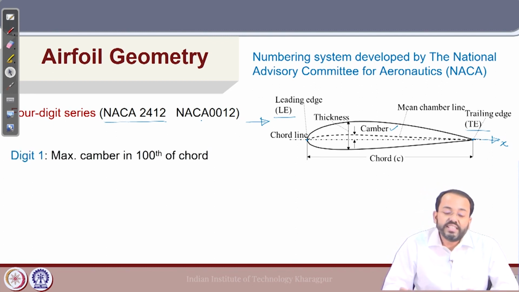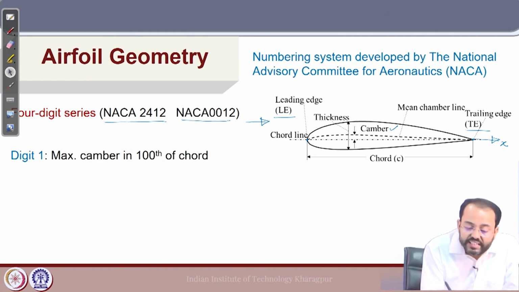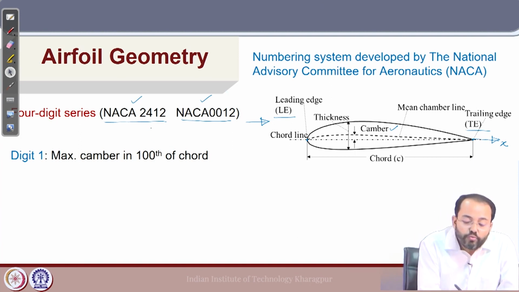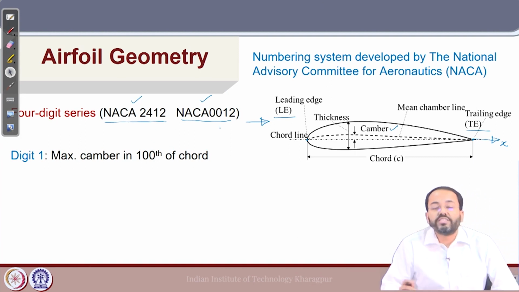The first digit means the maximum camber in 100th of chord. We have taken two airfoil sections, NACA 2412 and 0012, to illustrate the difference in geometry between them with respect to these digits.